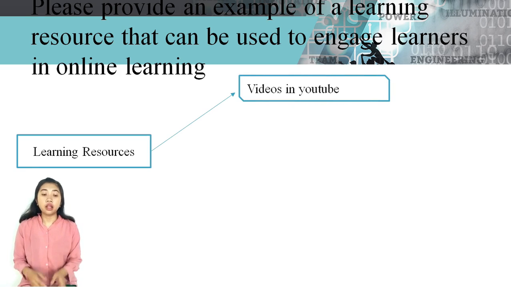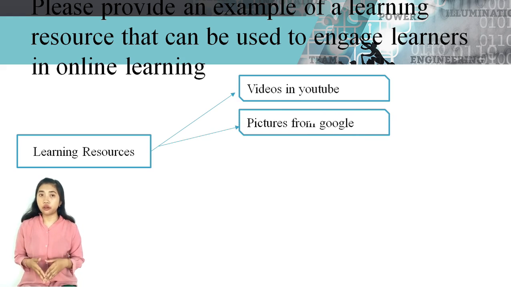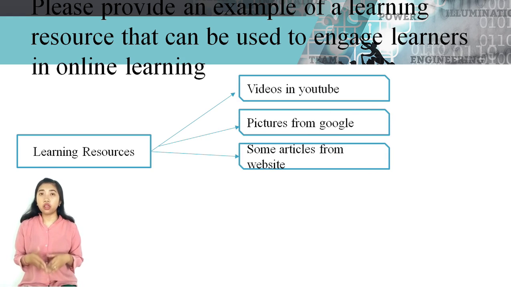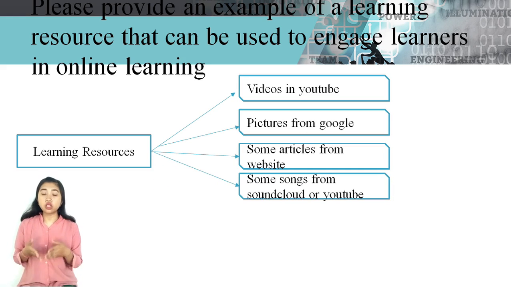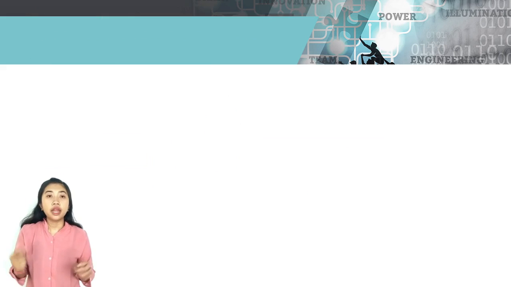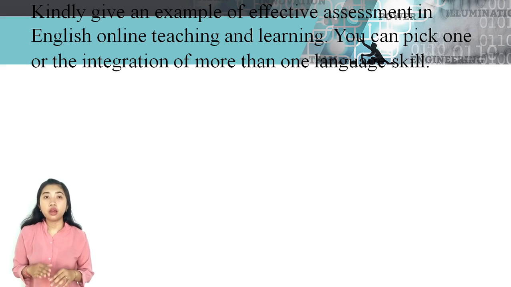So the examples: the first is video in YouTube, second is pictures from Google, the third is some articles from websites, and the last is some songs from SoundCloud and YouTube.